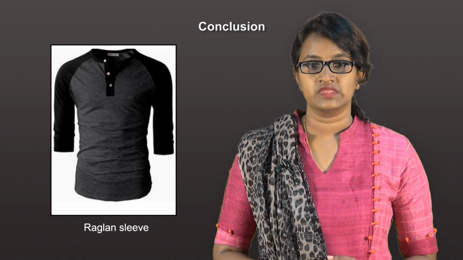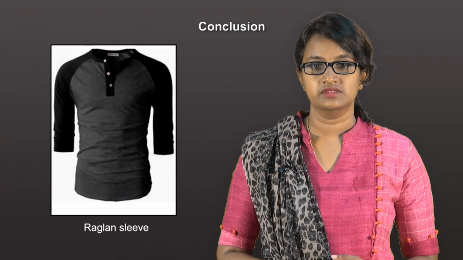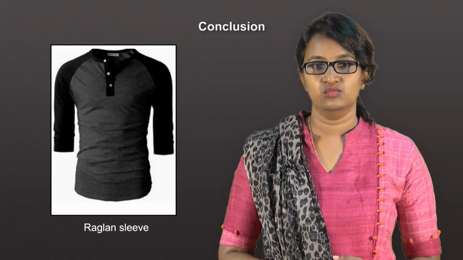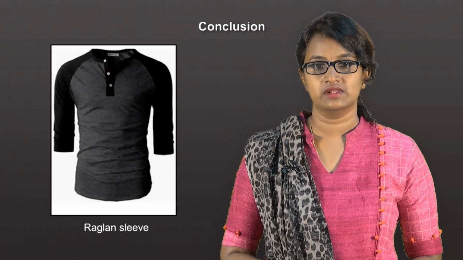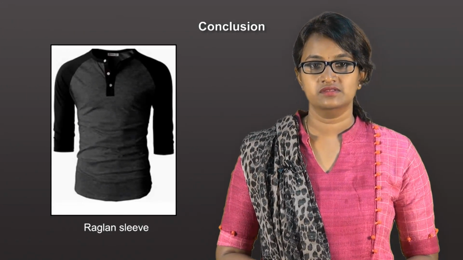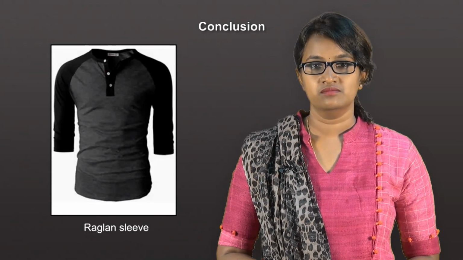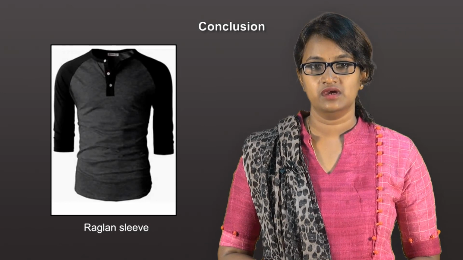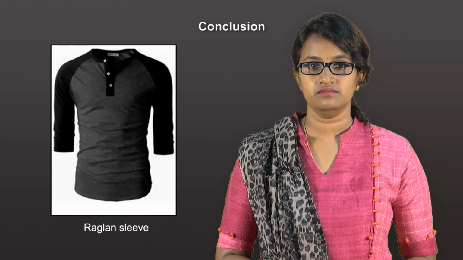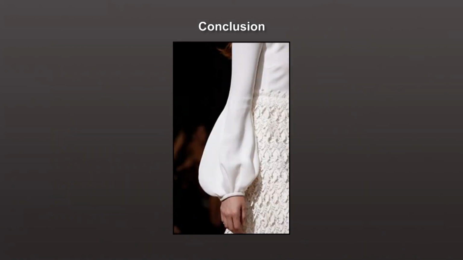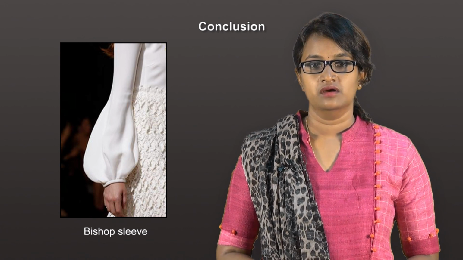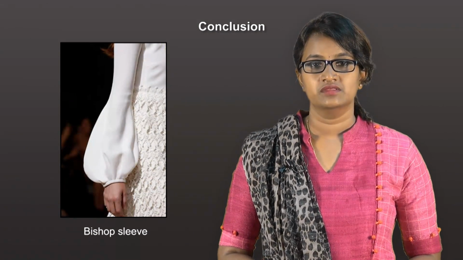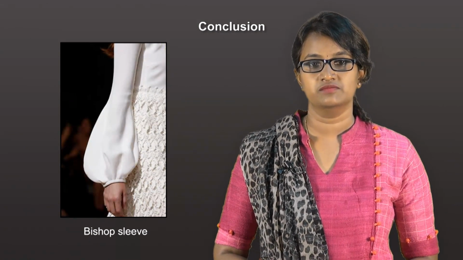Raglan sleeve. A raglan sleeve is a sleeve that extends in one piece fully to the neckline, leaving a diagonal seam from the underarm to the collarbone, giving the garment a relatively undefined look. Bishop sleeve. A long wide sleeve that usually hangs loose from the shoulder.